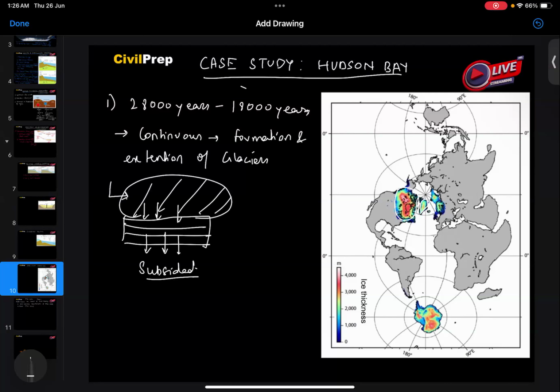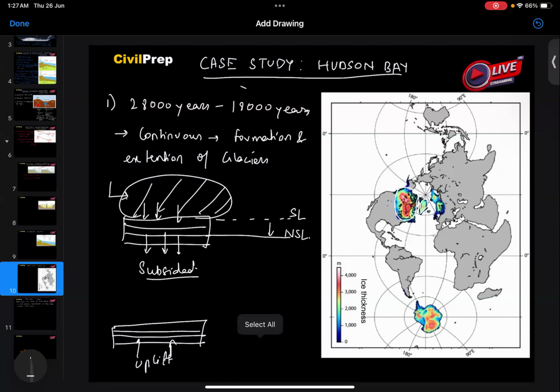Okay, at the same time, this was the initial sea level. So there was a new sea level where the fall in sea level has taken place. But after the interglacial period, when these glaciers completely melted, the land which was present here started to uplift again. Okay, because of this upliftment, the water went back to the sea.